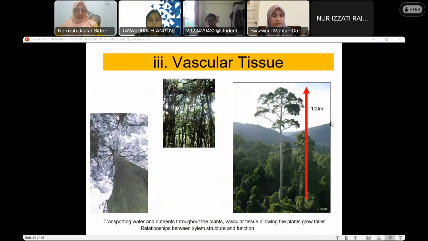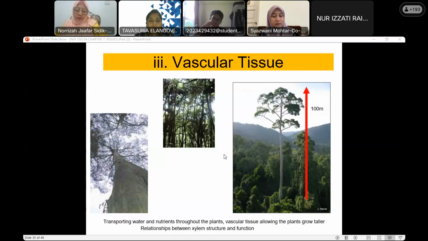All right, next, the third tissue is the vascular tissue. If you can see here, these are pictures that show tall trees. This vascular tissue can transport water and nutrients up to 100-meter tall trees.